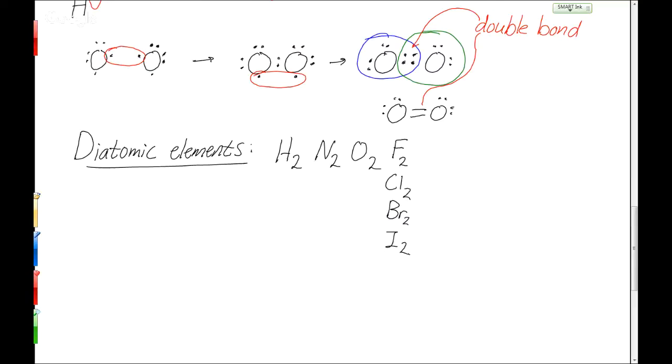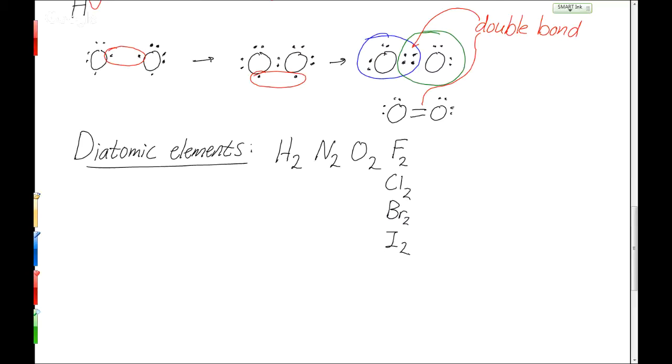But it's important to know which ones of these are together as a dimer, because when we get into the next chapter, we're going to talk about chemical equations. And so if you want to know that something reacts with oxygen, you need to know that that means you have to write down O2, not just O. Or if something reacts with bromine, that it's Br2 and not just Br.